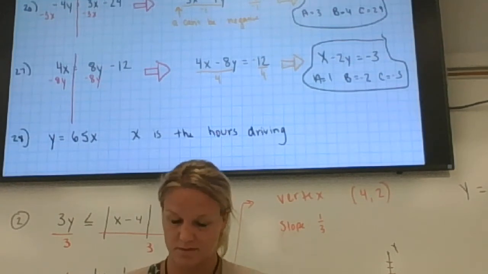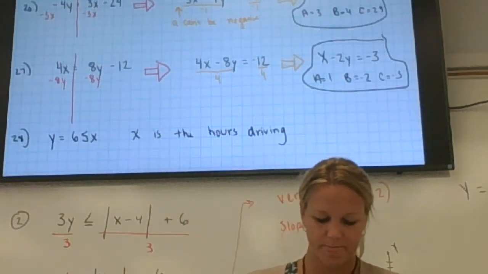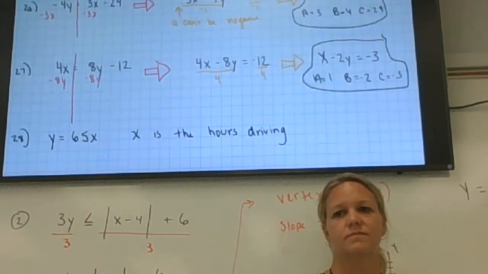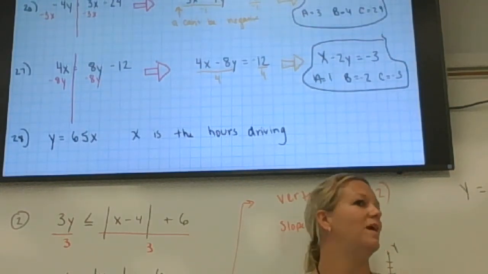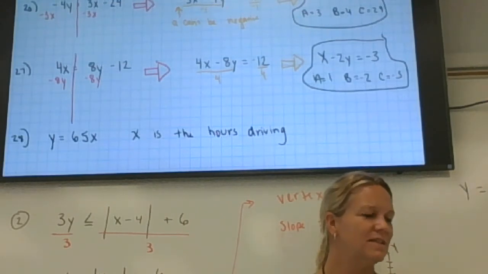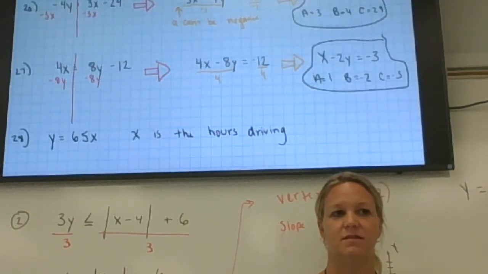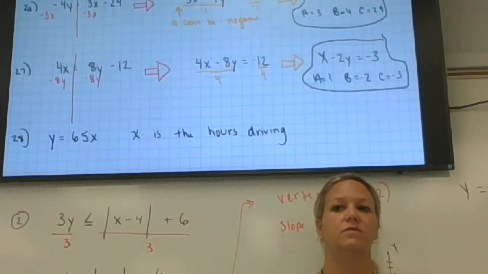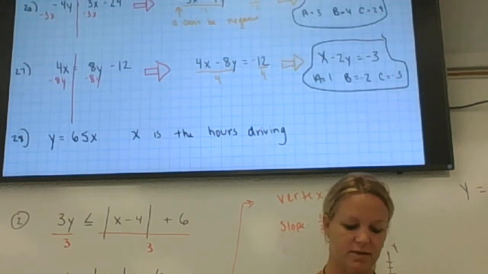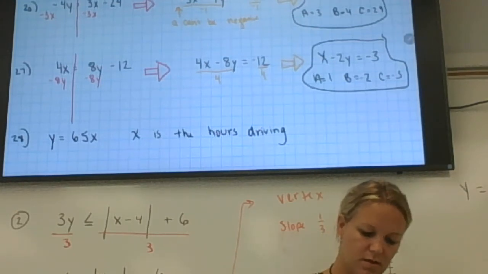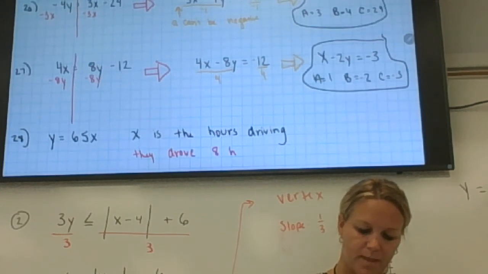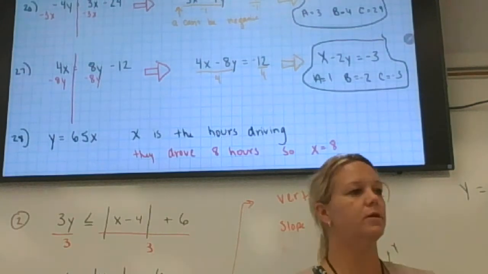What is 8? They drove. So x must be 8. If x is the hours driving, and they drove 8 hours, so x equals 8. So now we're going to put 8 in.